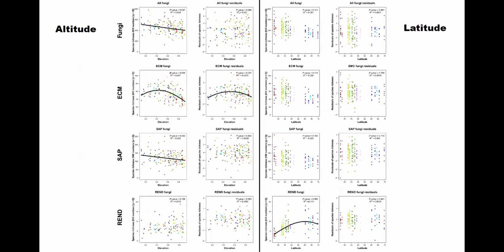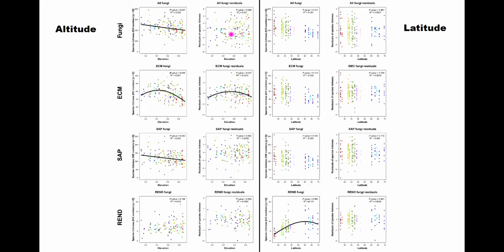And now the complicated but probably the most interesting part of our study. These graphs, this one over here and the first one over here, are the same as in the previous figure. So they are showing the raw data without taking into account any environmental variables, showing the patterns of the diversity of these groups along altitude and along latitude.